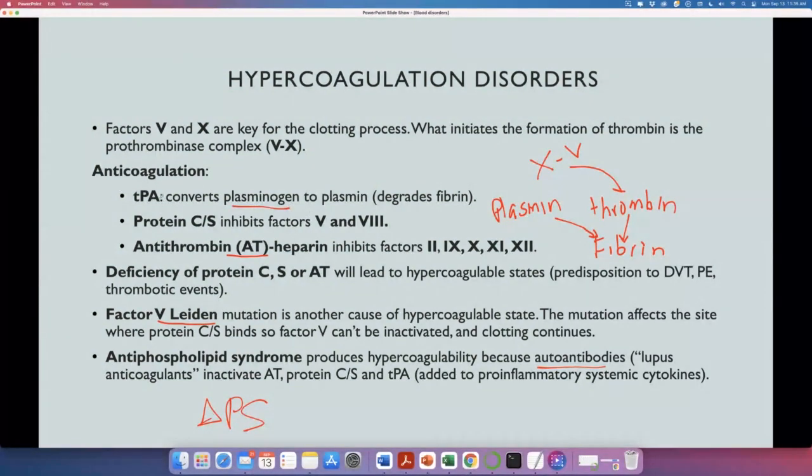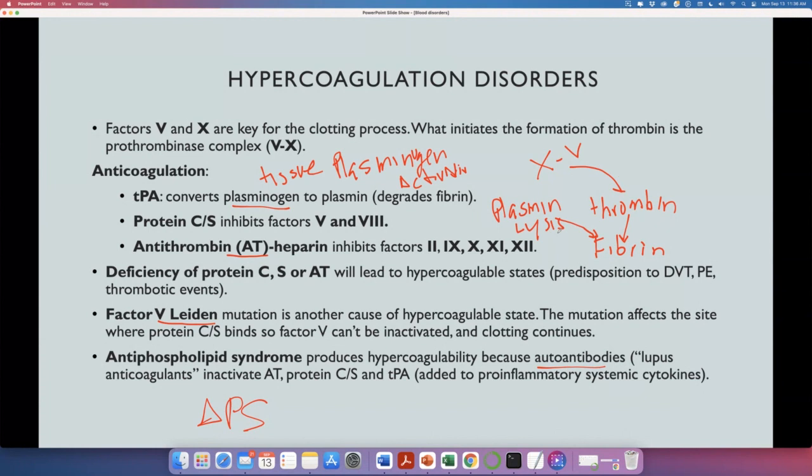There is an enzyme called TPA, which stands for tissue plasminogen activator, that induces the formation of plasmin from plasminogen so we can destroy the clot. Lysis.